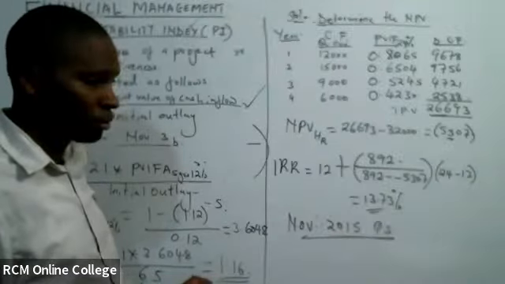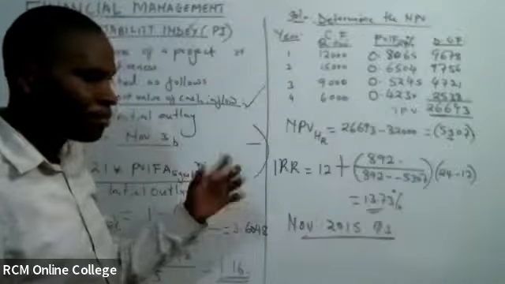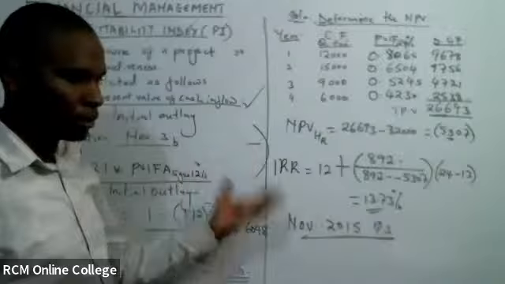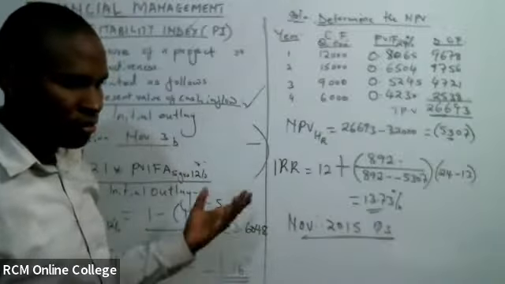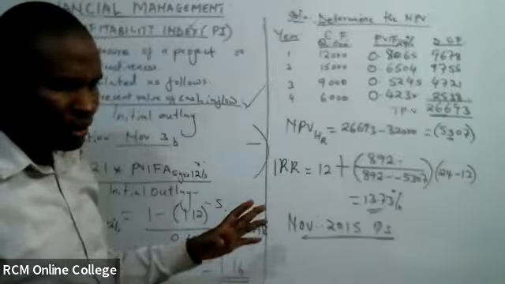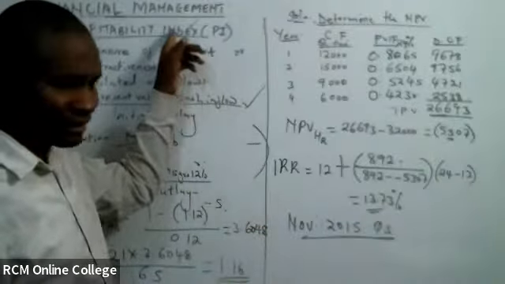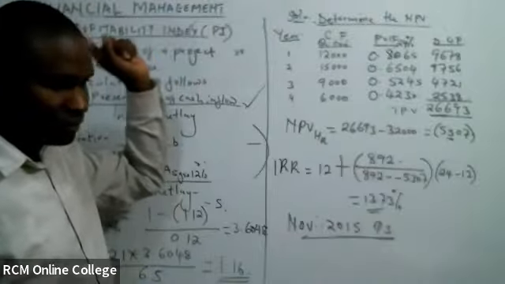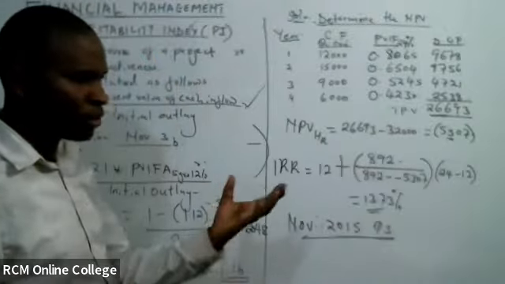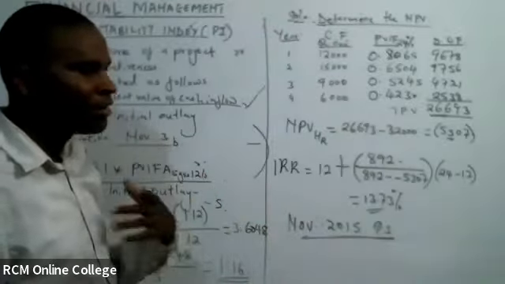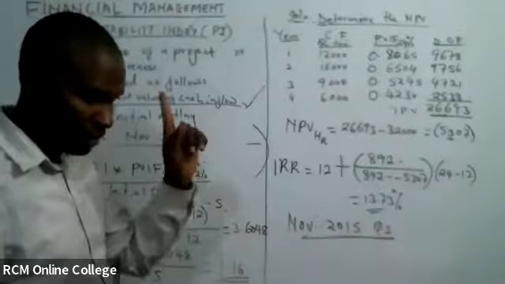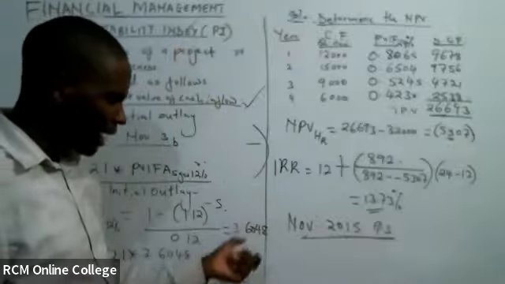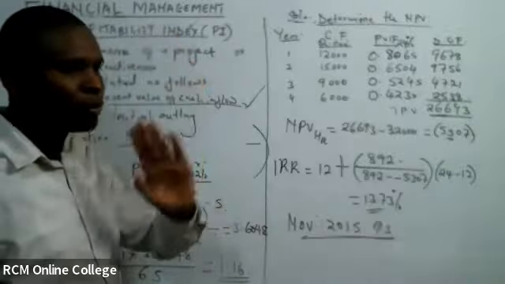Now the interpretation or decision rule for this: if the PI, don't bring in the sharing index, this is an index. We're dealing with the index here. And that's why when we interpret, we say if the PI is greater than 1, accept the project.